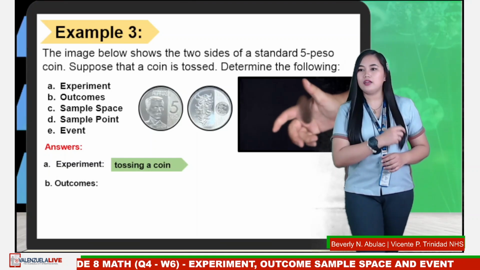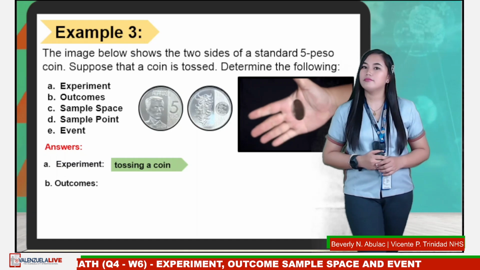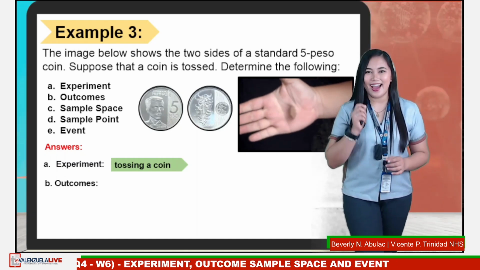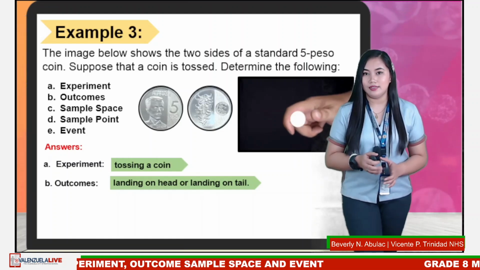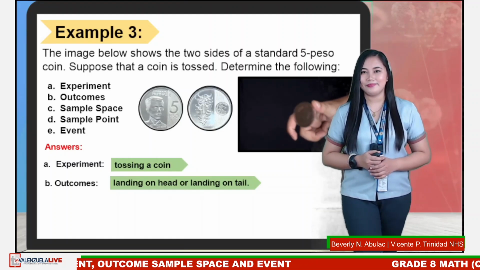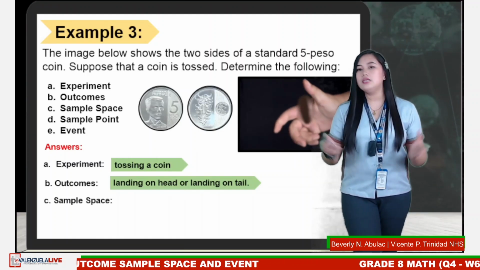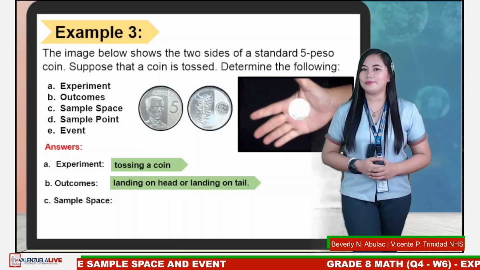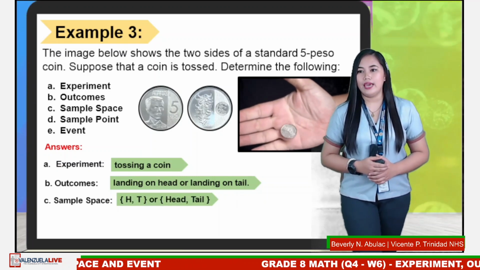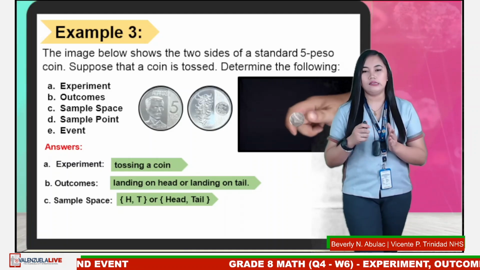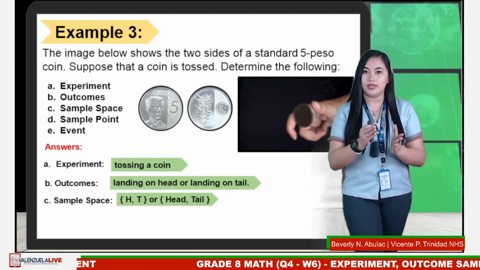What could be the outcome? Awesome! Landing on head or landing on a tail. What is the sample space? Very good. S equals H and T, or S equals head and tail.